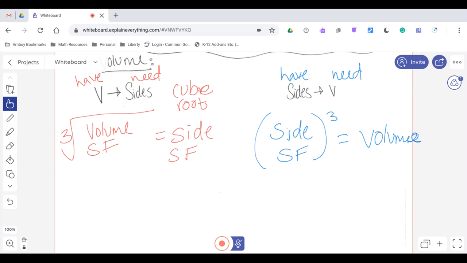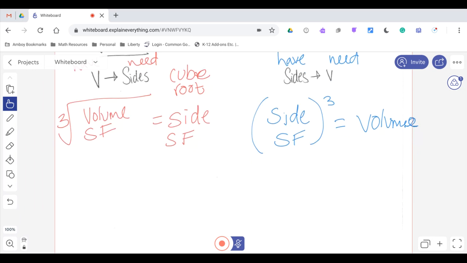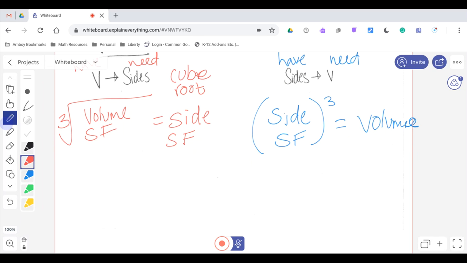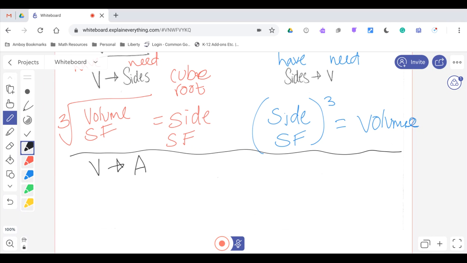The only one that I didn't write on here that if you have some room, make a little bit of space for, is if you have either volume or area and you need to get to the other one. So if you have volume and you need to get to area, or if you have area and you need to get to volume. Okay, the process for this is that you have to go back to sides first.